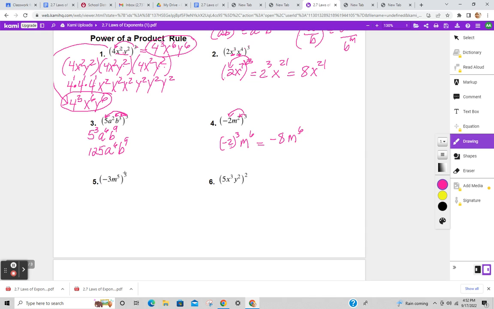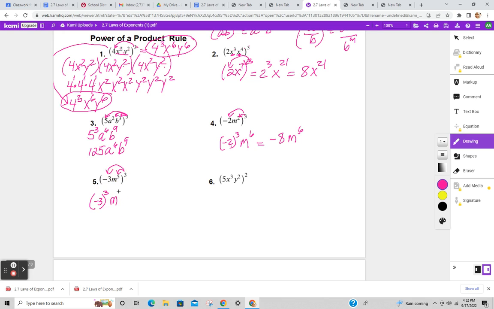Okay? You can actually pause the video and try the next two on your own and see how you do. All right, I'm going to go ahead and continue. So I'm going to distribute the 3 to this factor here because it's negative, I'm going to use parentheses. And then distribute this 3 to this factor here.